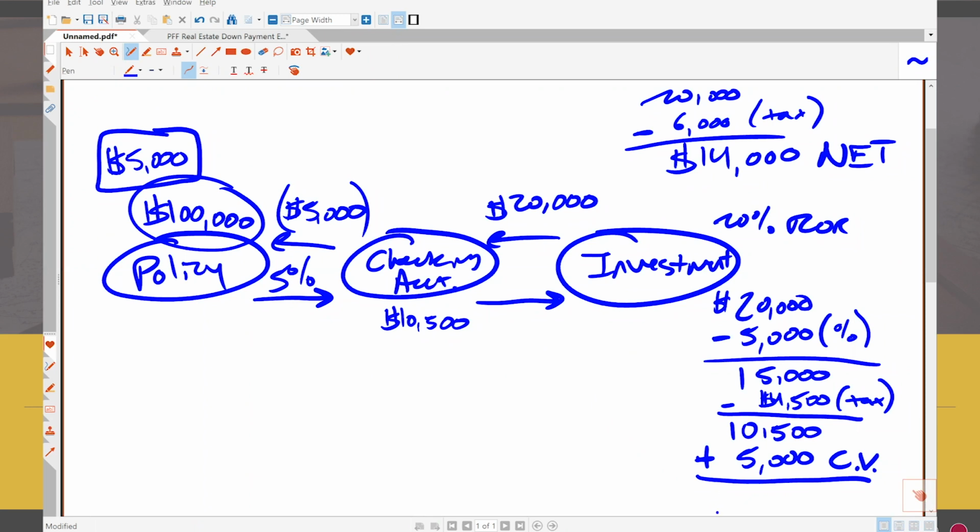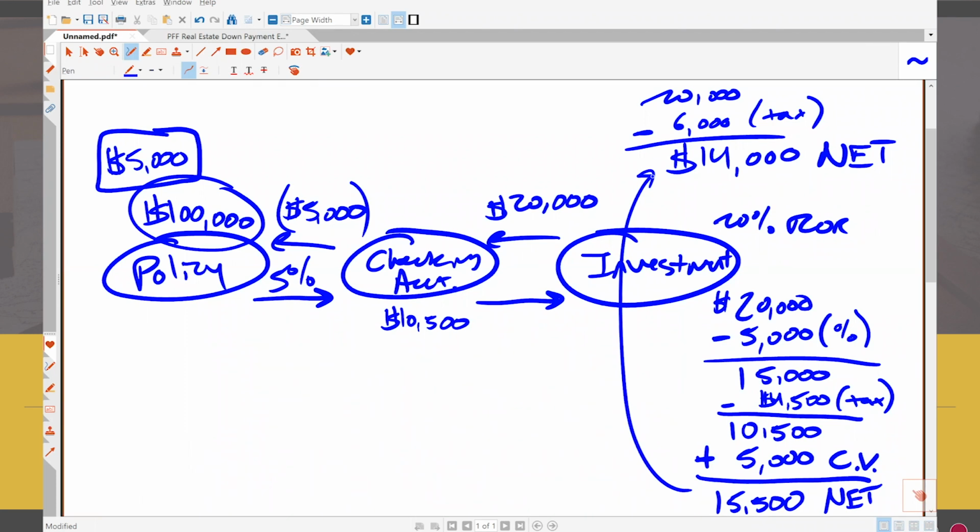You now have a total access to money of $15,500 net, after we take into account how much money built up in our policy alongside how much money we still have sitting inside the checking account from the profit of the investment. That certainly is a higher return than what we were able to receive from just making the investment out of pocket.